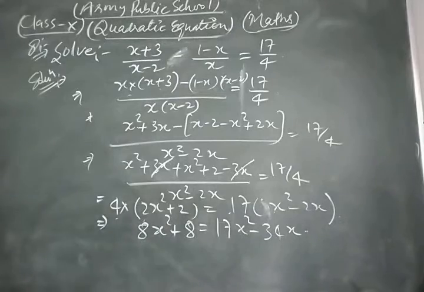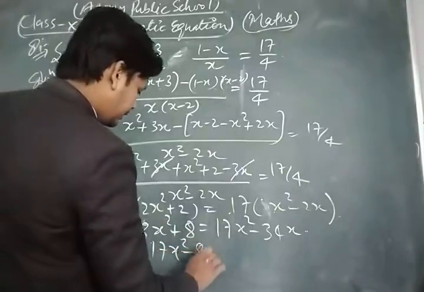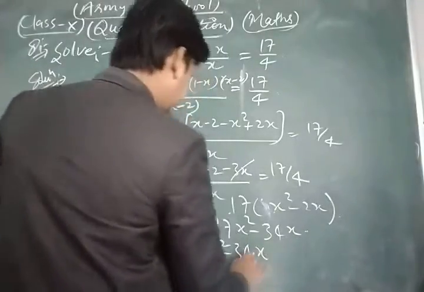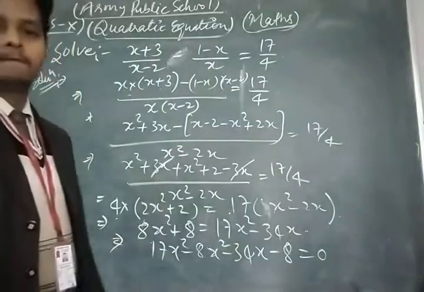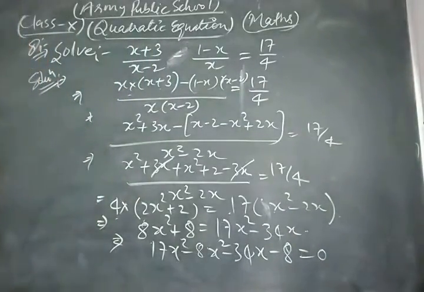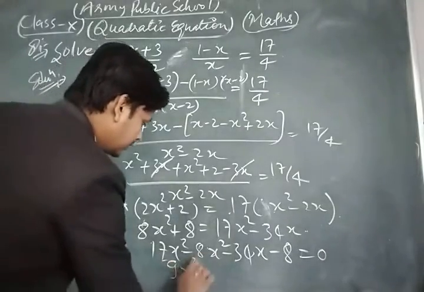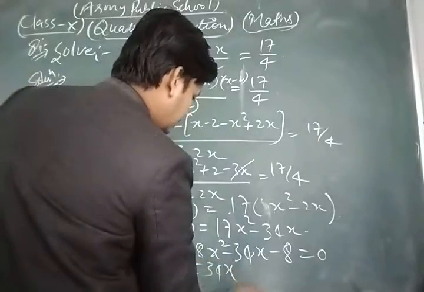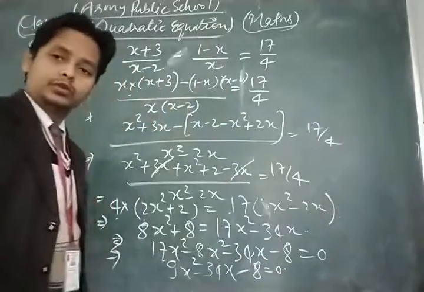Now look, this is 17x square minus 8x square and minus 34x as it is, plus 8 minus 8 is equal to 0. Now we get 17x square minus 8x square, this is 9x square minus 34x minus 8 is equal to 0.